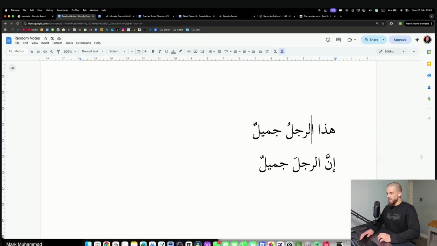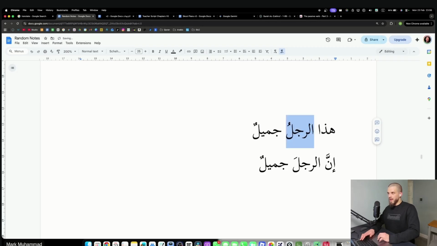sorry, in the first one, wouldn't the mubtada be هذا and rajul also? The rajul here is something called the badal. The way to explain the badal is that these two words are interchangeable. I can say ar-rajulu jamil, the man is beautiful, and I can say hadha jamil, this is beautiful.